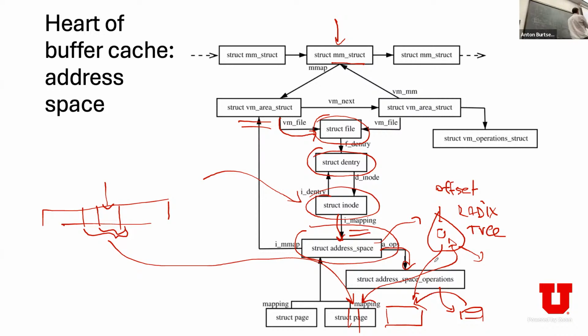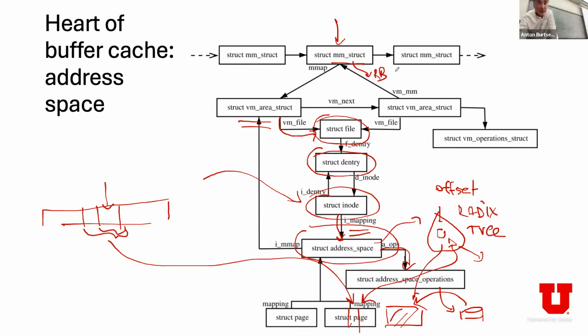So that's one way if you do a read or write. Or, for example, if this page is no longer in the buffer cache, so it was swapped out, remember you have a page fault. You have a tree here, a red-black tree, right?